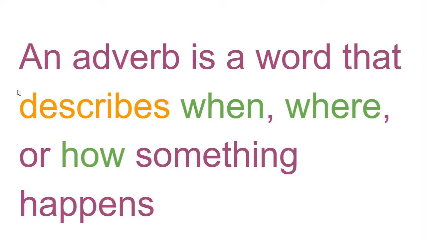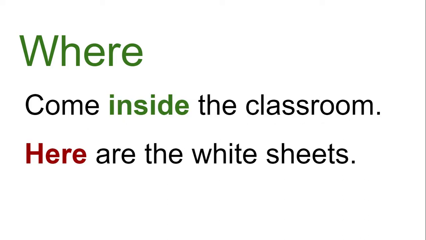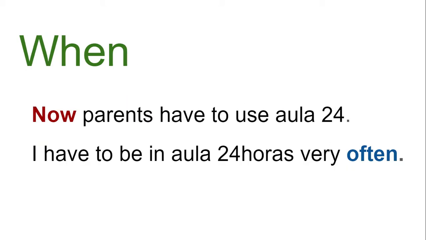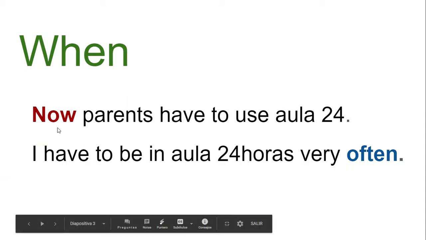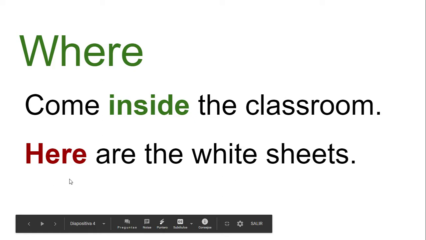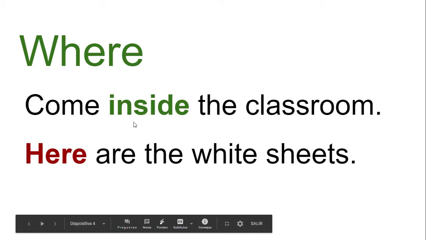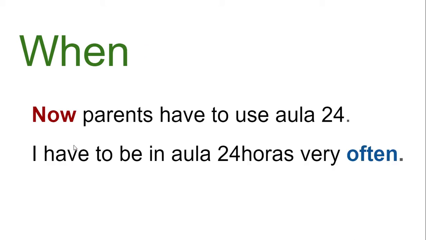We already know that we have different types of adverbs: when, where, and how. In when we have now, often; we have inside, here; easily, horribly. All these words are adverbs, okay?